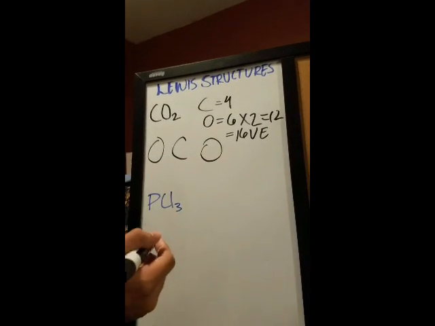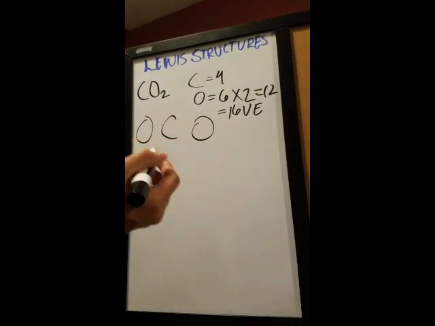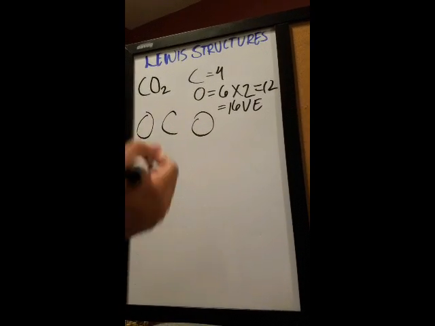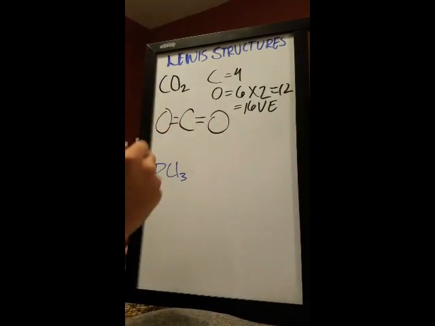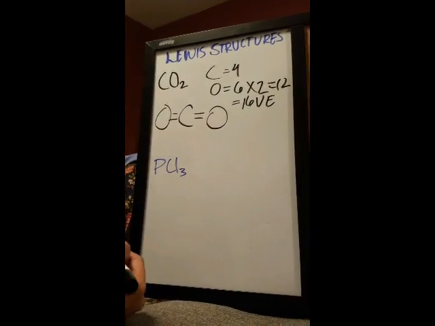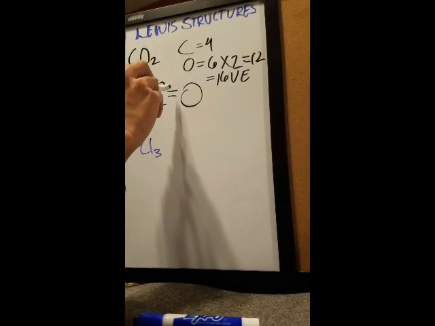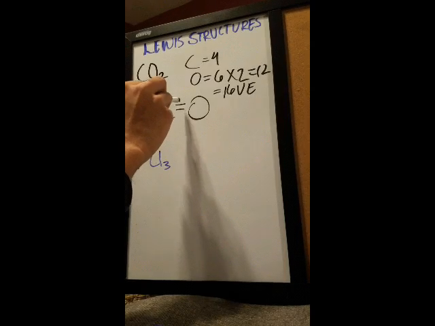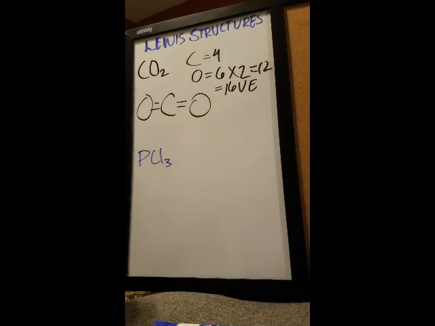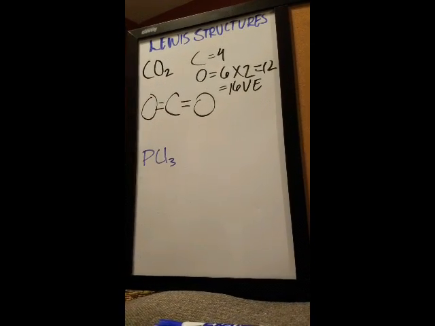We know this for sure because oxygen can form 2 single bonds or a double bond. So what we have here is a double bond on this side and a double bond on this side. Each one of these lines represents 2 valence electrons. So right now we have used up 2, 4, 6, 8 valence electrons, which gives us 8 left over.